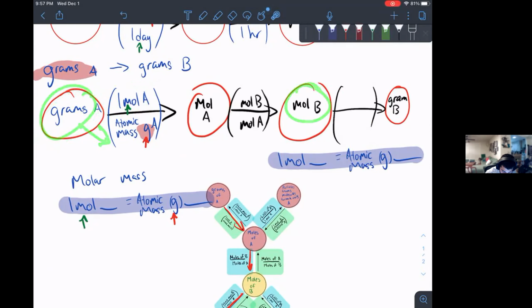Now we have moles going to grams, so mole has to be on the bottom. So 1 mole of B is equal to the atomic mass grams of B. And that's how we do any stoichiometry, and it's going to work exactly the same.